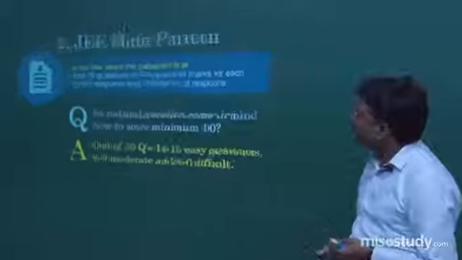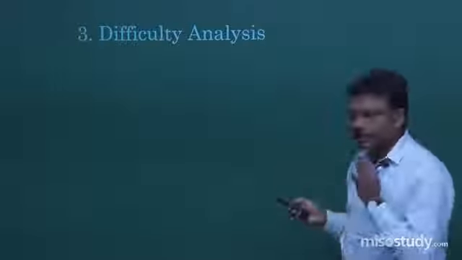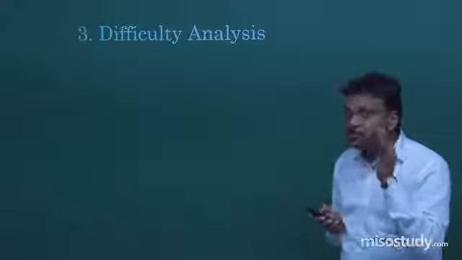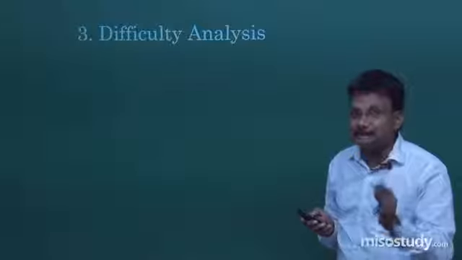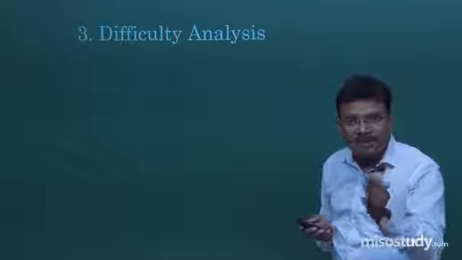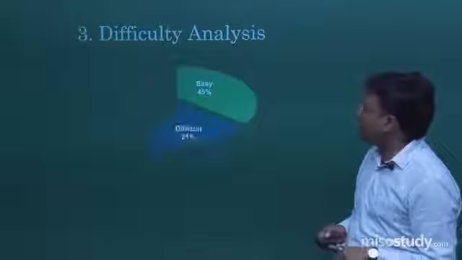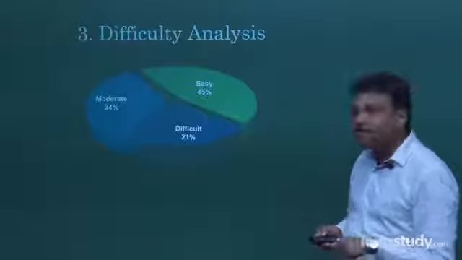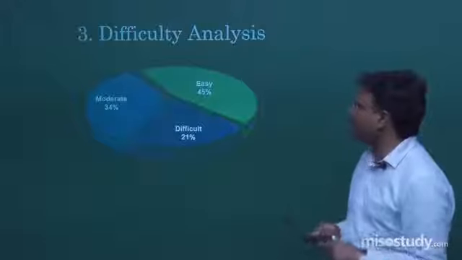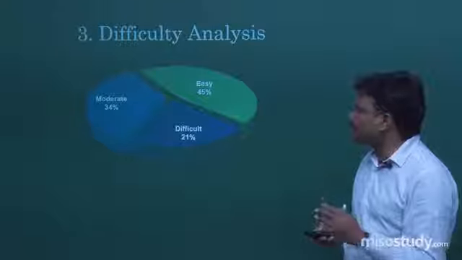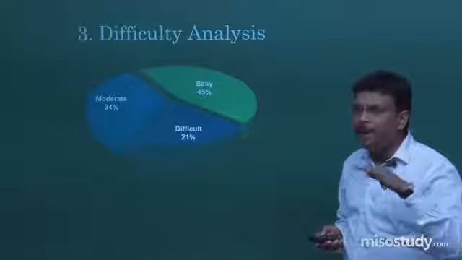Then it's the difficulty analysis. Here I am trying to prove my point with the help of statistics based on the previous year exam. Easy is around 45%, and moderate around 34%. Roughly it's going to be around 75 to 80%.